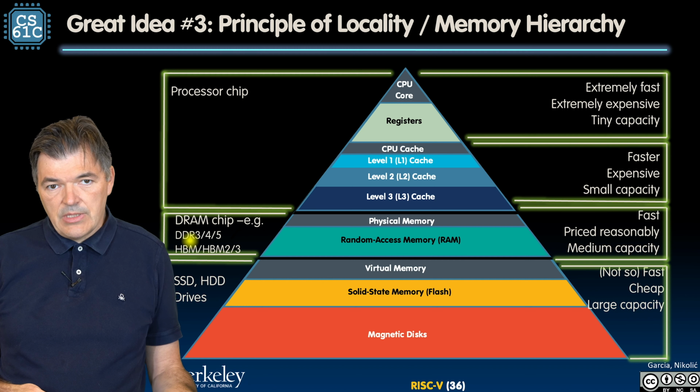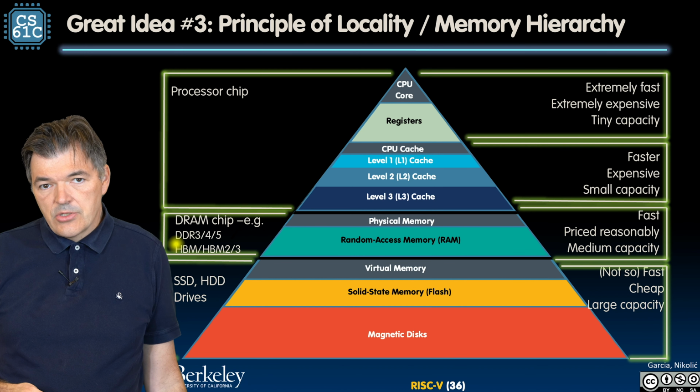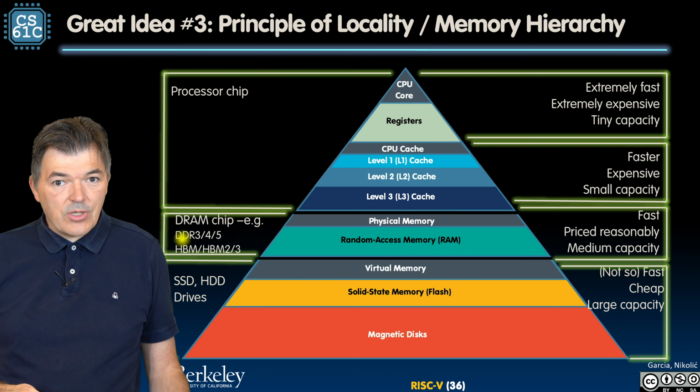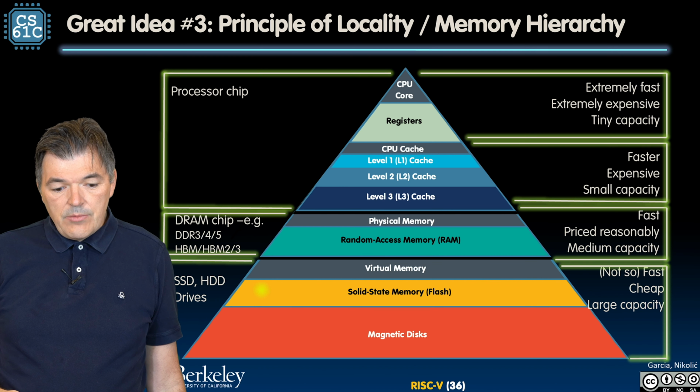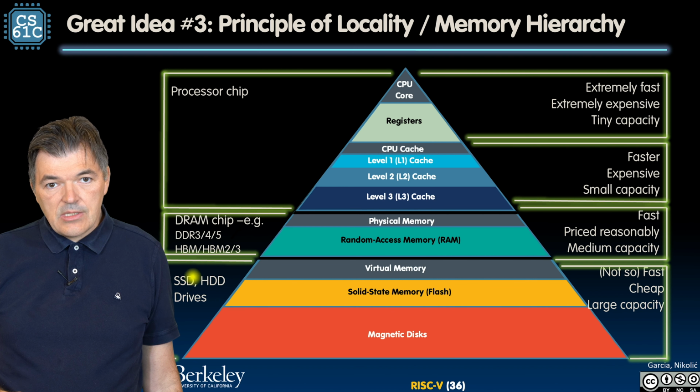This is all dynamic random access memory technology, just packaged around different types of packages and different protocols that access it. But then below that, our virtual memory extends into the solid state drives and hard disk drives.